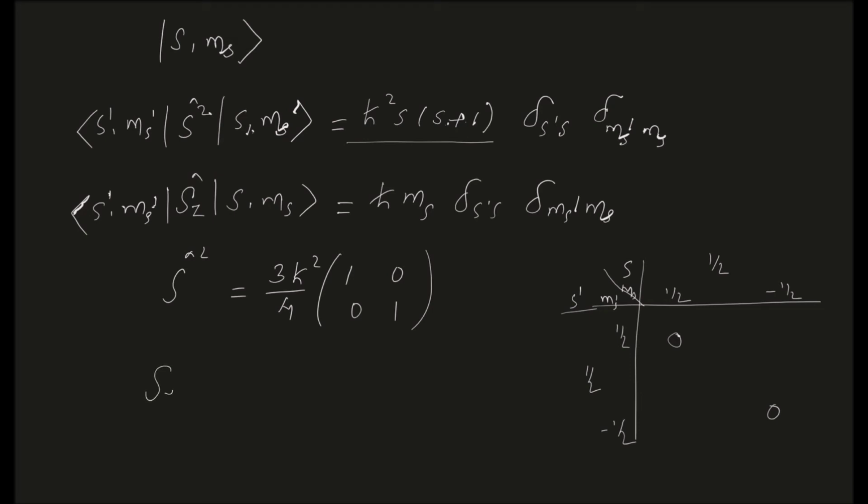Similarly, for the Sz matrix, its value is given by Ms ħ. So this is given by ħ by 2 times the matrix 1, 0, 0, minus 1.